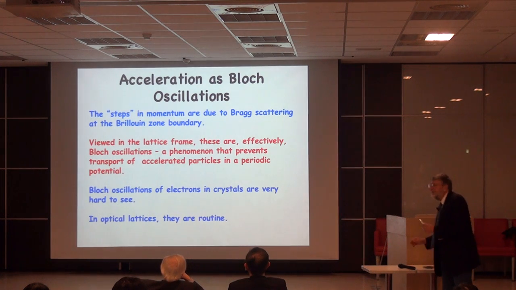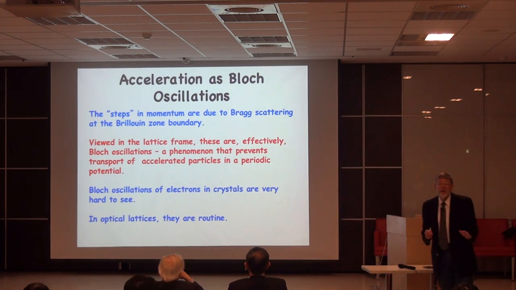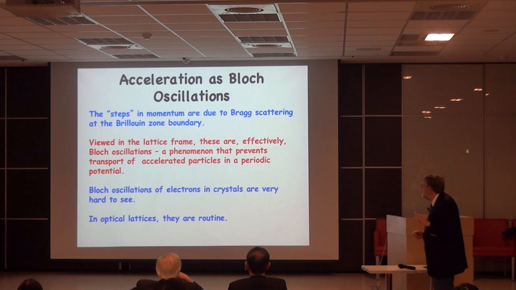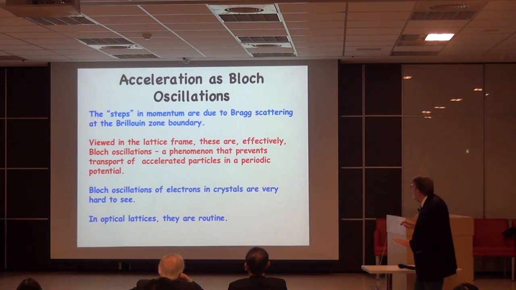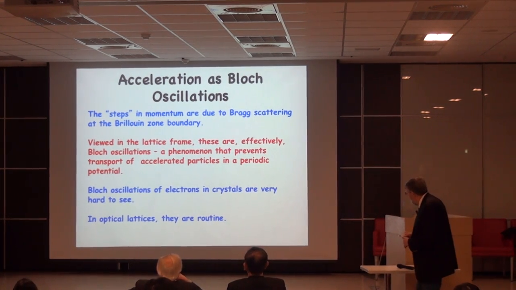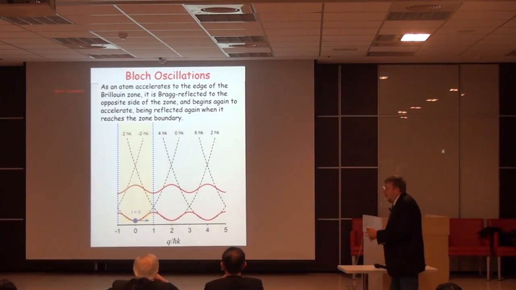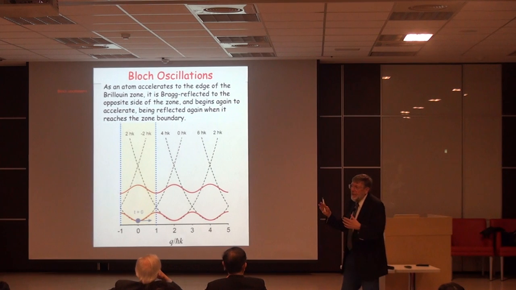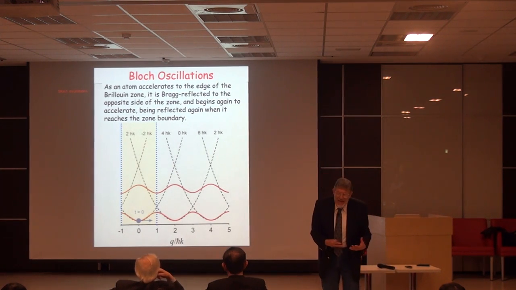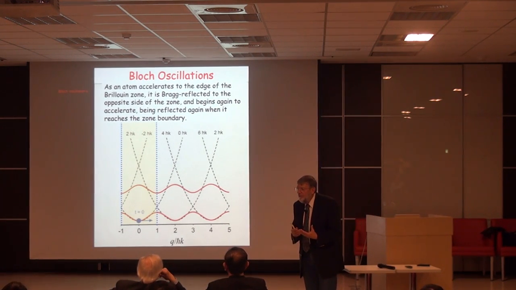In fact, it's closely related to an old idea in condensed matter, which turns out to be very difficult to achieve, known as Bloch oscillations. What are Bloch oscillations? Let's now imagine this is actually a crystal lattice with electrons, and I turn on an electric field.